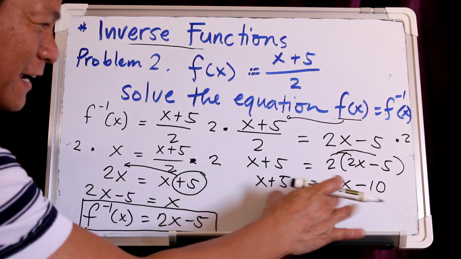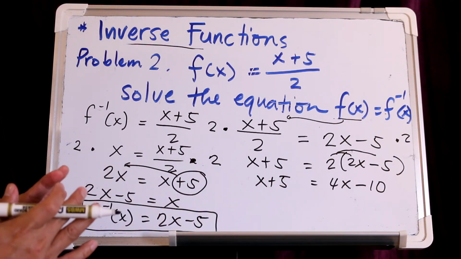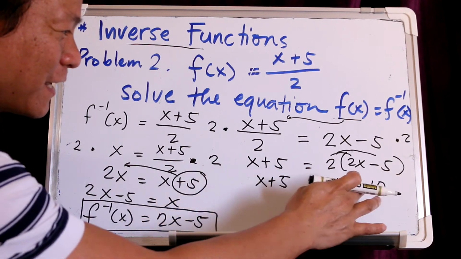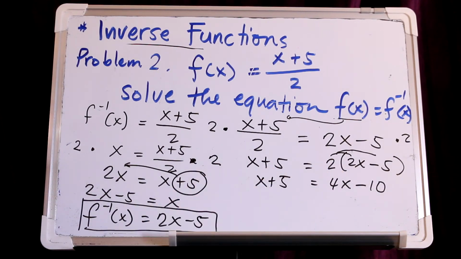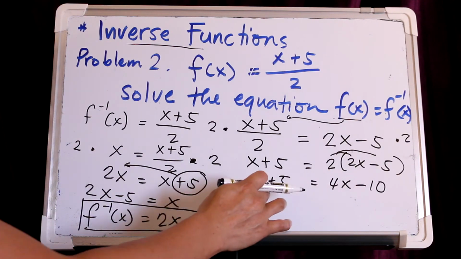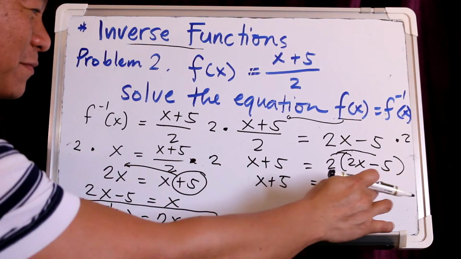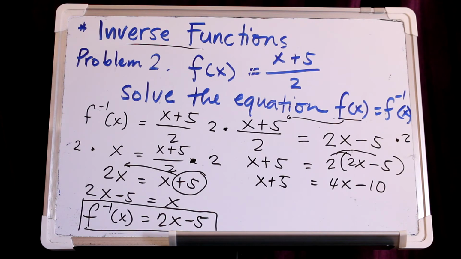Okay, so for this case, you are going to group now. Either you transfer x on that side and then 10 on the other side, up to you, or you can transfer 4x here and then 5 there. Same thing.